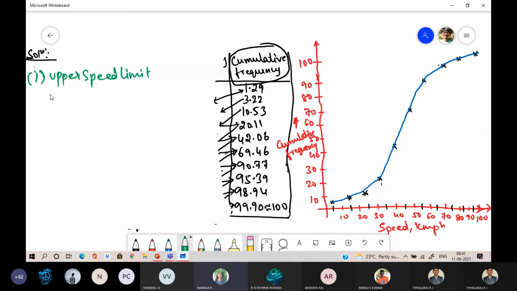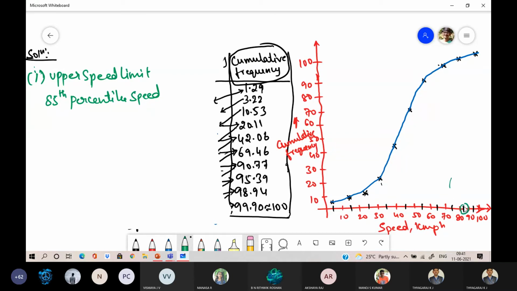Remember, upper speed limit means the 85th percentile speed. So what you are going to do is, the 85 value is here.